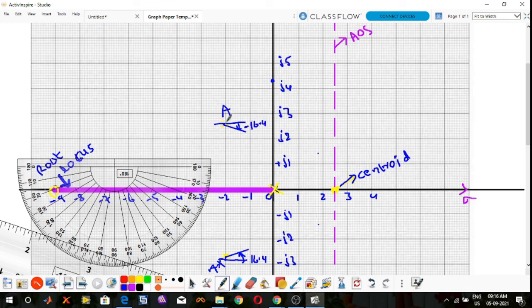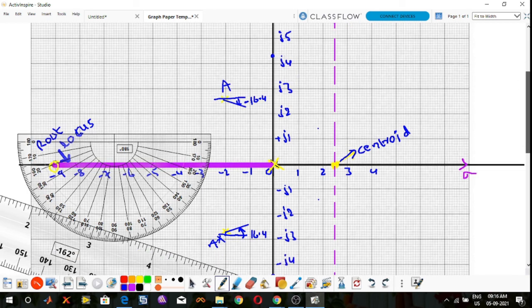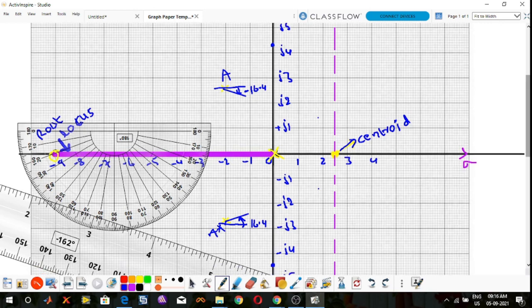Angle of departure at pole A and angle of departure at pole A conjugate, and this is the crossing point on the imaginary axis. S is equal to plus or minus j 4.4 is the crossing point on the imaginary axis, and using this angle of departure and crossing point, draw a smooth curve.